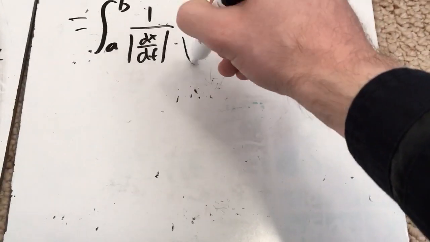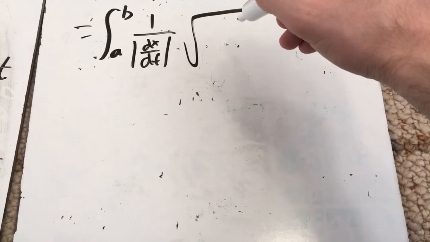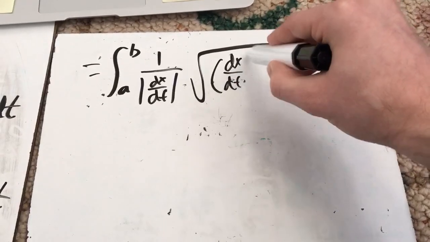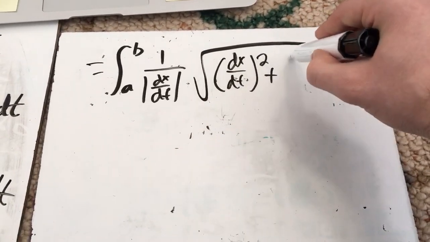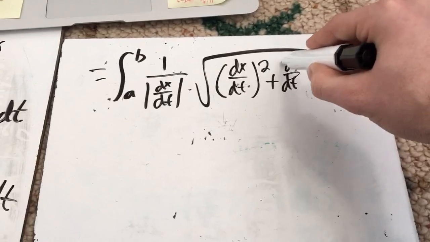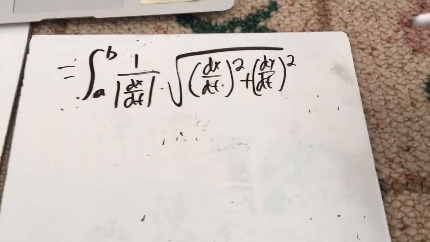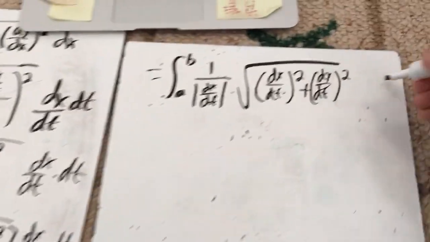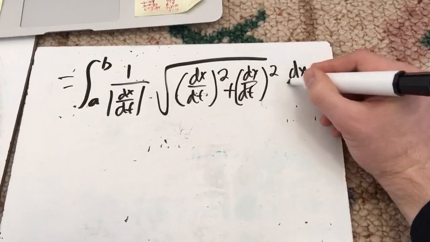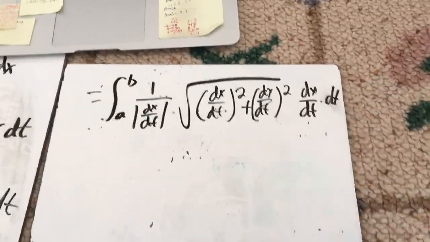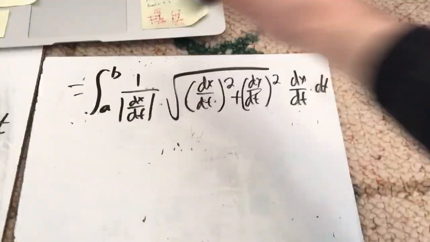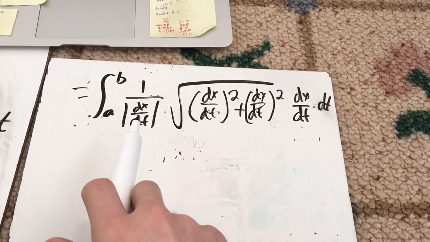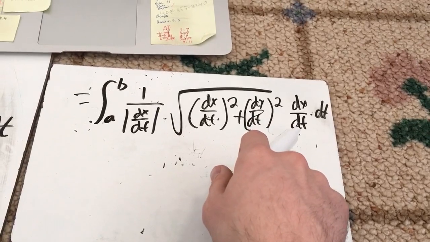And so we'll have that times the square root of the quantity dx/dt squared, which is still on the inside, plus dy/dt quantity squared, as well as our dx/dt. With a little bit of cleaning up, you go, oh wait a minute, this is going to be 1 over dx/dt, and this is going to be dx/dt.